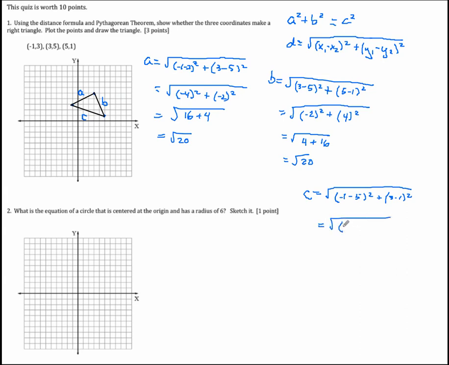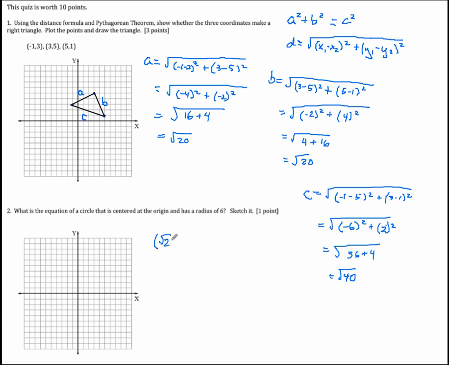So that would be negative 6 squared plus, oops, not negative, positive 2 squared. That'd be 36 plus 4, so that's the square root of 40. And that's looking good because I see it coming. If we square both of these and add them, they should come up to that squared. So let's show it.